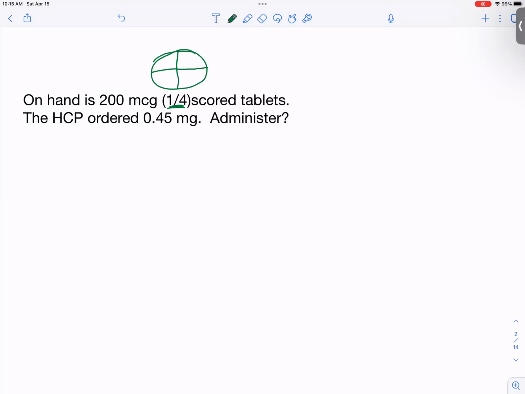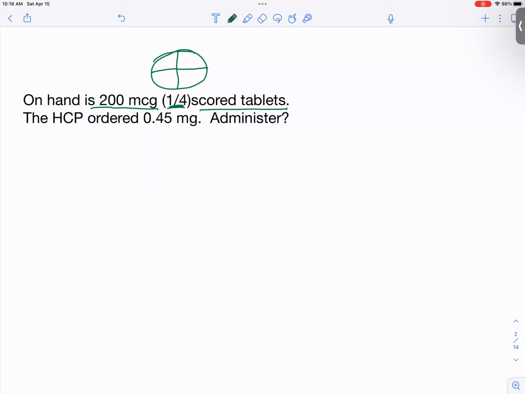Okay. So I'm going to pause it here, and knowing that you can split this into quarters, so this may help answer your question, Shira, and then we'll talk about the answer when you're done. Okay. So when I read this question, it's saying on hand, there's 200 microgram scored tablets.